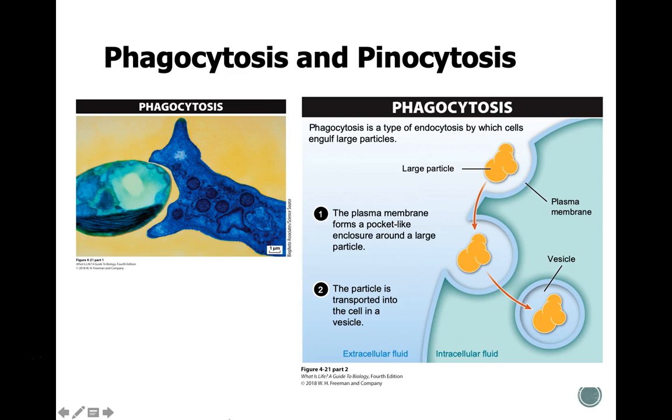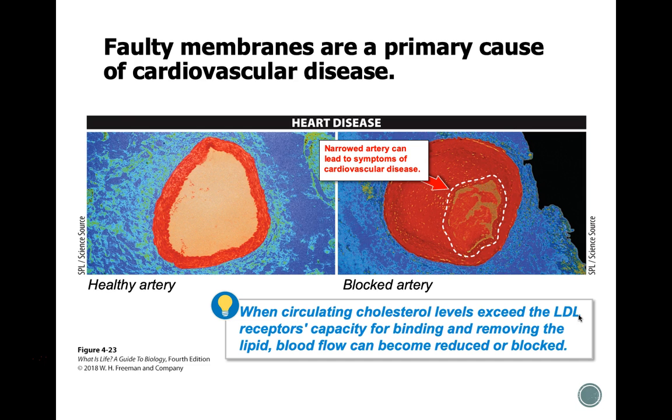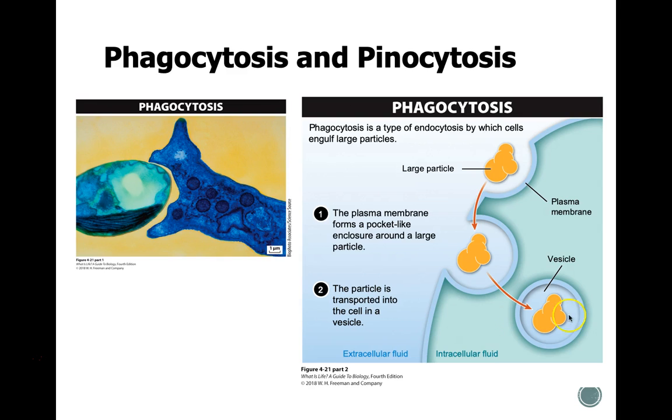So phagocytosis is bringing in of particles. So over here we have the particle, we have the plasma membrane sort of pulling in and pinching around the food particle that it's trying to bring in. And eventually it pinches off sort of a little bud inside the cell called a vesicle. Now a vesicle is just a little transport pocket of cell membrane that can move throughout the cell.